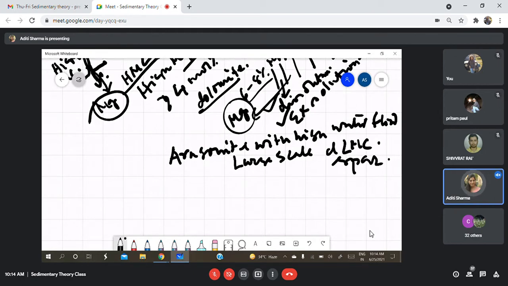So there will be full scale dissolution, and you will get the development of the large scale low Mg calcite spar in its place, and total loss of original texture.